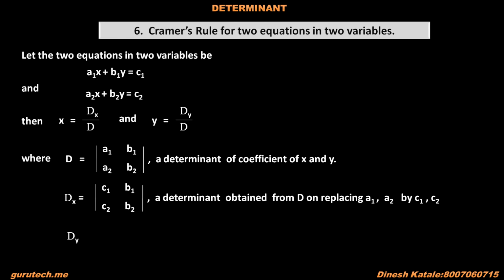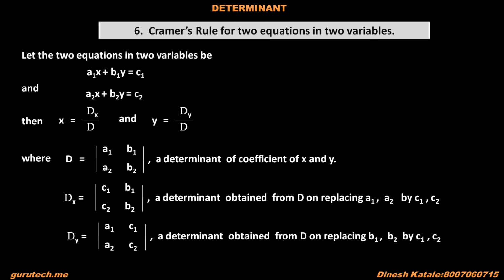Similarly, dy is equal to a1 c1 a2 c2, a determinant obtained from the same above determinant D on replacing its second column b1 b2 by c1 c2, constant terms of the above two equations.